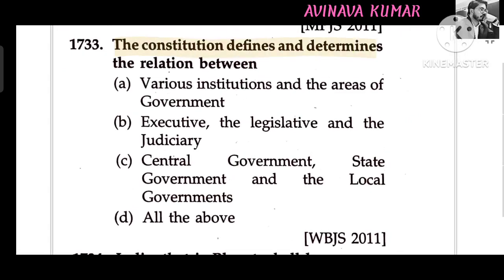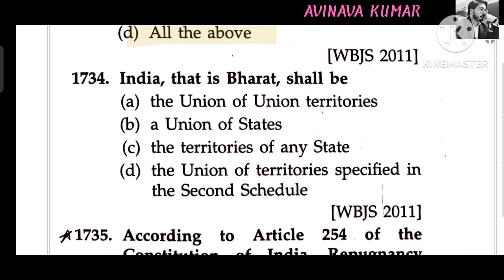The Constitution defines and determines the relation between all of the above: various institutions and their areas of government, execution, legislative and judiciary, central government and state government, and the local government. India, that is Bharat, shall be a Union of States.